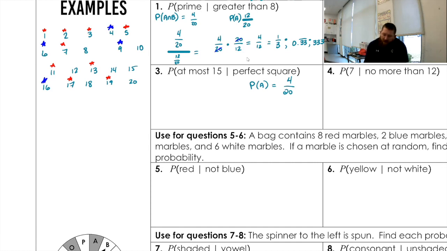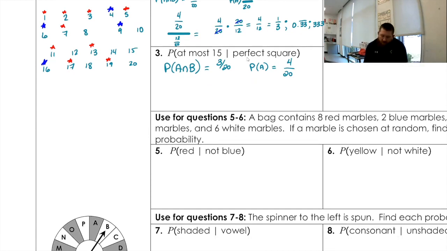Okay. Now the probability that it's a perfect square and at most 15, well, now 16 drops out of the equation, so we got 3 over 20. Now the biggest thing here, as you'll see in some more, is it's almost going to reset the denominator.